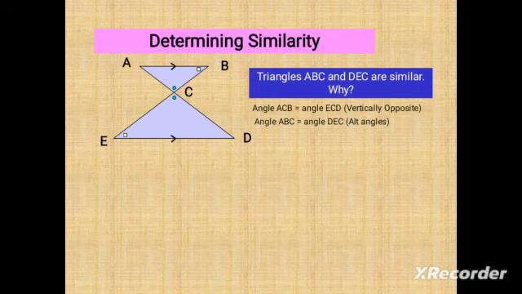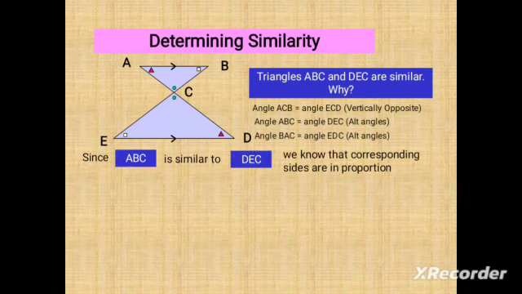So these are just some of the reasons that make these two triangles similar, because the corresponding angles are equal. So finally, we have that angle BAC is equal to angle EDC because the two angles are alternate to each other.